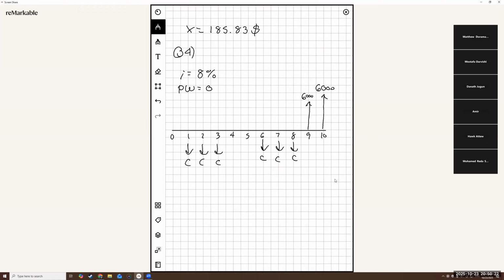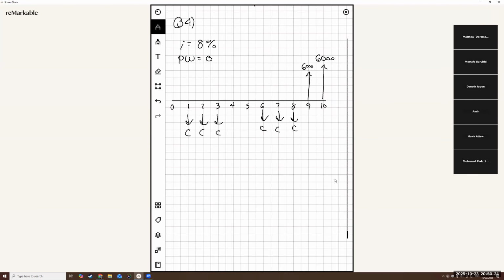Okay, what's the present worth of this if we're calculating it? So if we can take this C as an annuity, right? These ones. But if we do that, it will give us a present value here. Okay, that's perfect. So that's great.